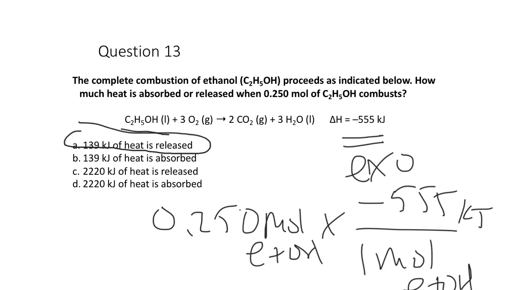If you lost money, obviously your money change was negative, and if you won money, your money change was positive. Think about that here with heat. We like to track heat. Where did it come from? Where did it go? It's going from this ethanol as it burns to the surroundings. So the heat is flowing away from the ethanol. The ethanol reaction is causing a loss of heat from the chemical reaction taking place and a gain of heat to the surroundings. And so the surroundings is gaining the heat.